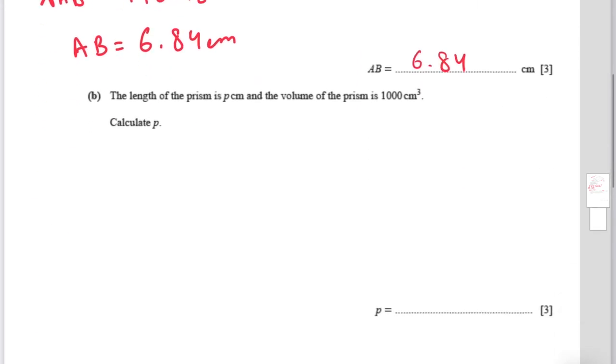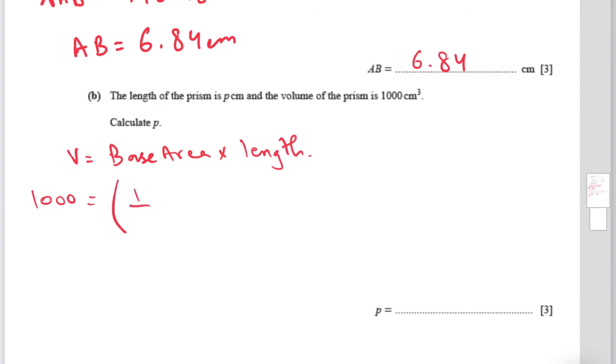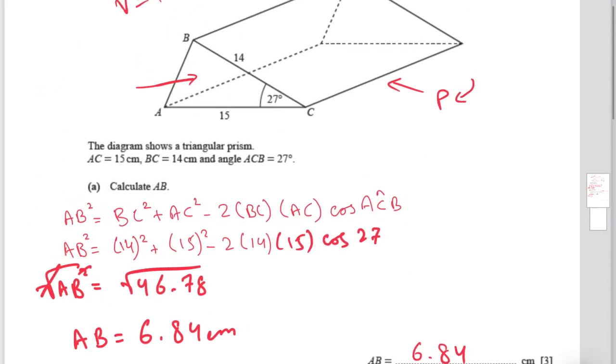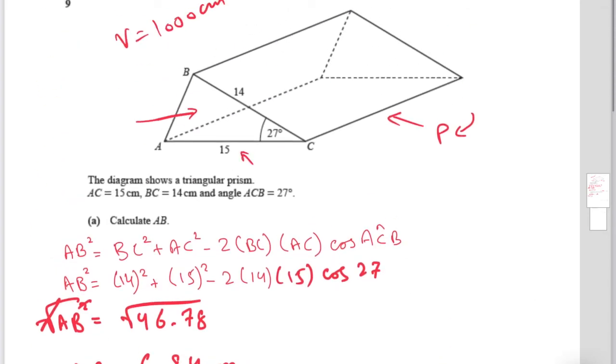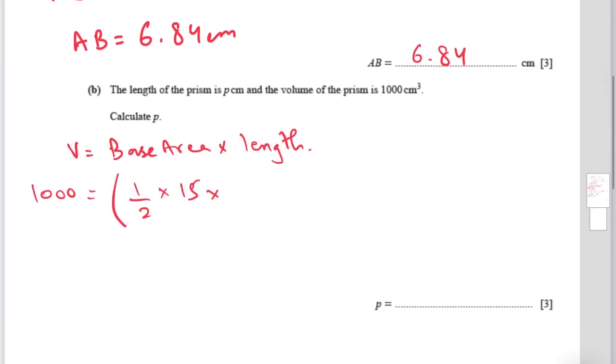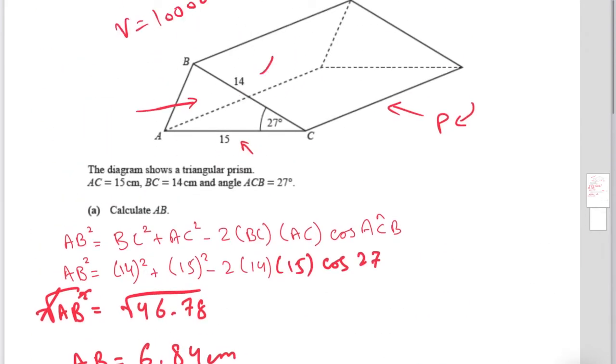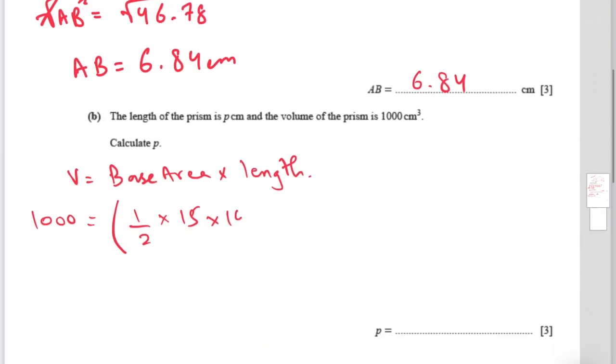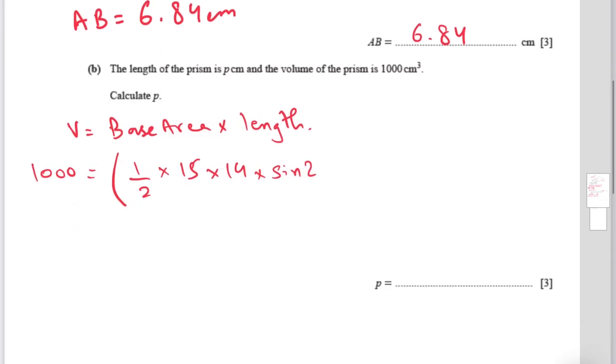So let's write down the formula. V is equal to base area times length. So in this case the volume is 1000, so we write 1000 equals the base area times length. So we use the trigonometric formula for the area of the triangle, half times AC, which is 15, times BC, which is 14, times sine 27.